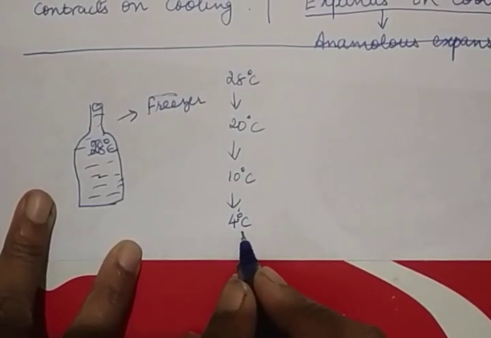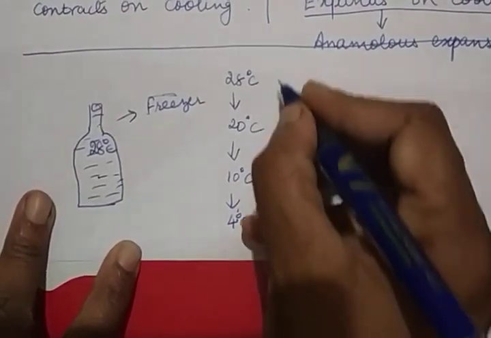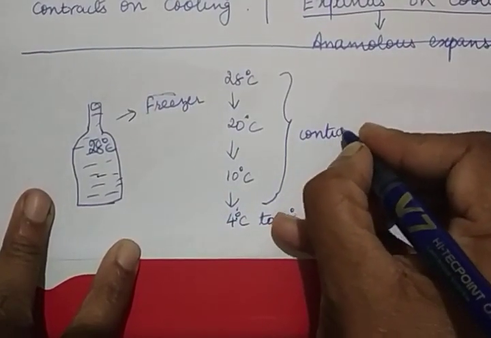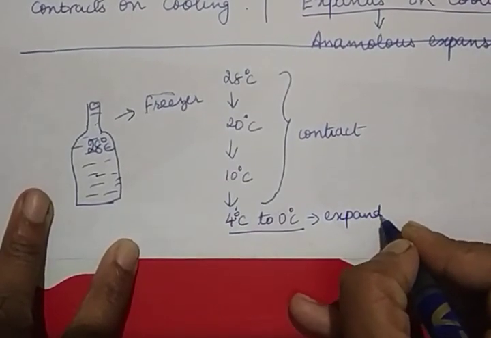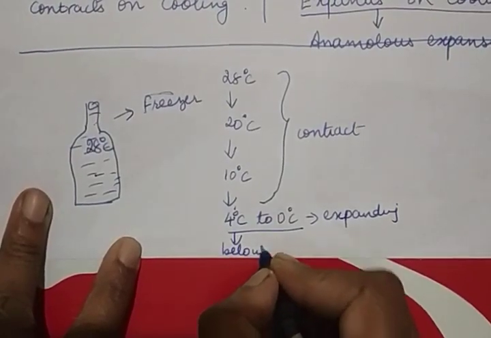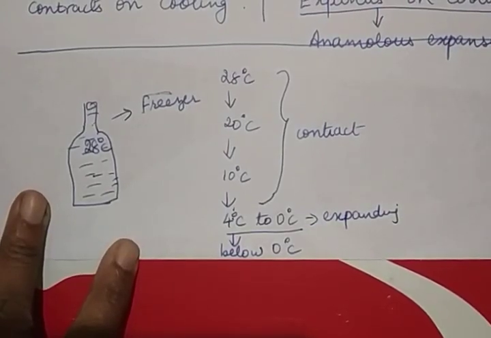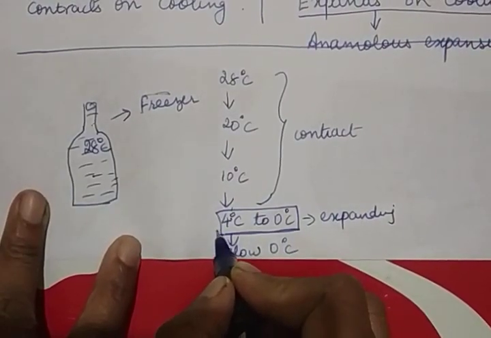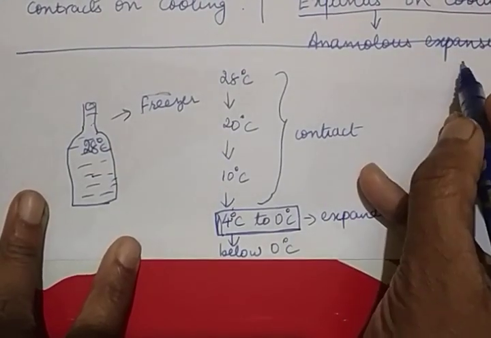Till this, it was contracting, but only from 4 to 0, it started expanding. Below 0, it will start behaving normally, that is, it contracts on cooling. So, this behavior of water between 4 degrees Celsius and 0 degrees Celsius is called anomalous expansion of water.